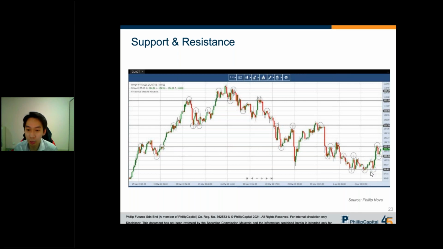So you can see most of the lines that I've drawn are based on where there are a lot of circles, meaning a lot of times price will U-turn there. So you look for where the price U-turns at the most points, then you just draw a line there. There's no right or wrong, but it's just a guide for you to place your entry point and exit point later, which I'll explain later how to use.